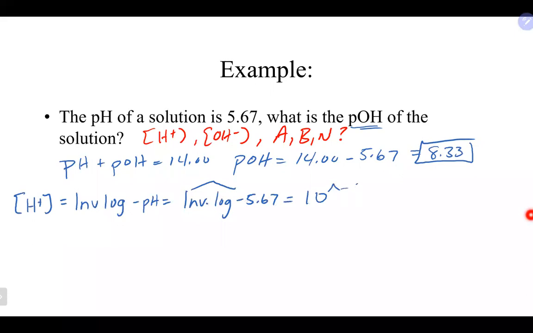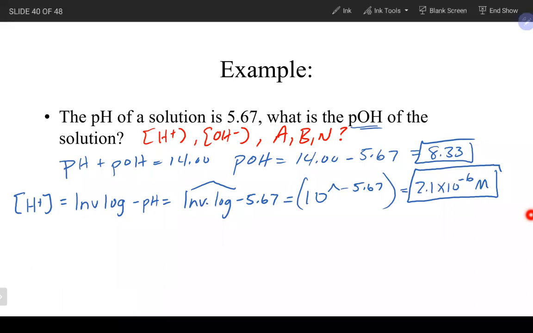You want to make sure you make it negative there. In most cases, it'll look something like that on your calculator. And when you do that, negative 5.67, going to be a 2.1 times 10 to the minus 6. Since this is a concentration, we do need molarity given there.